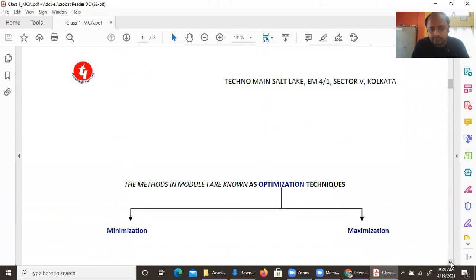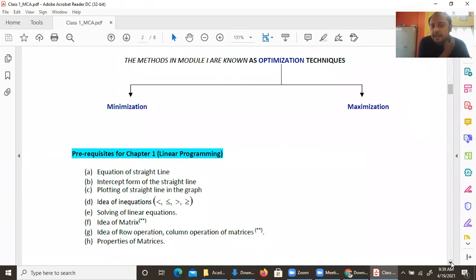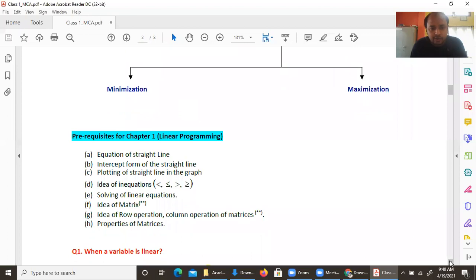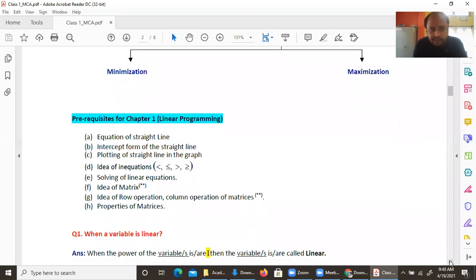Now, here I have mentioned what we actually mean by optimization. And as I have already told you, by optimization we mean maximization and minimization. Now, these are some prerequisites. I'll share this note with you. These are prerequisites for studying linear programming problem.